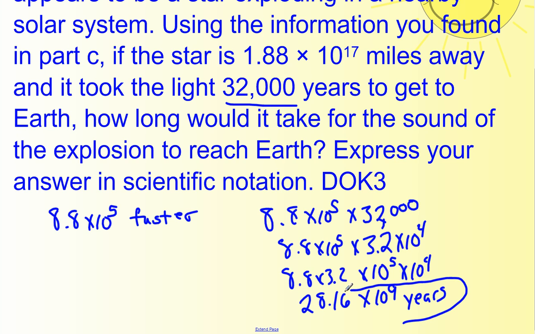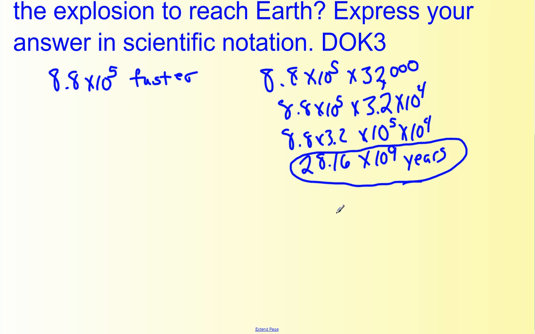Now, again, I know it says the answer in scientific notation. Yes, we're done. Hooray! But just so you're clear, and actually, no, I lied. Boo, I'm not done. That's not scientific notation, Mr. Henry. This needs to be 2.816 times 10, and since this is a big number, this needs to get bigger, 10 to the 10th. So the red is the correct answer.